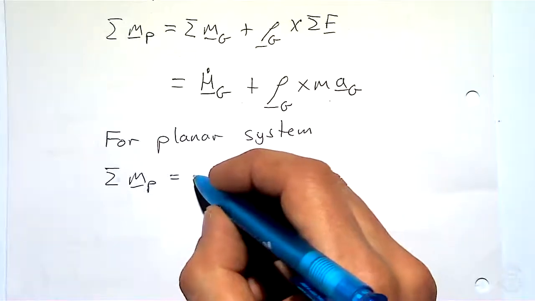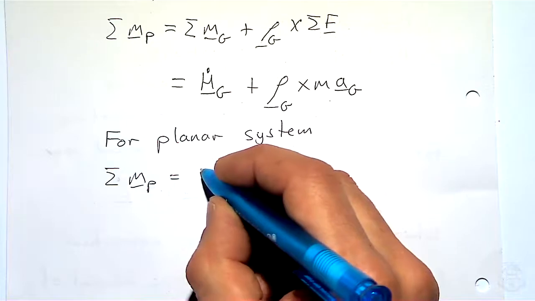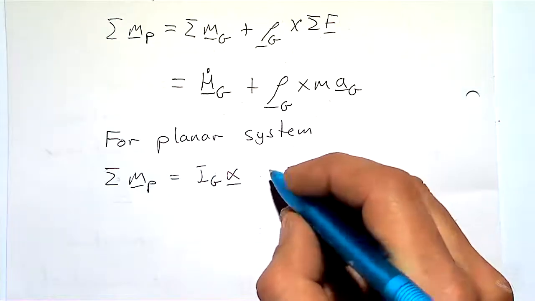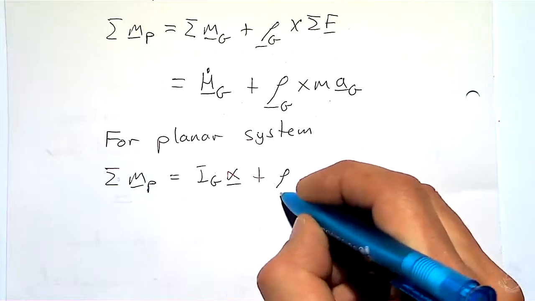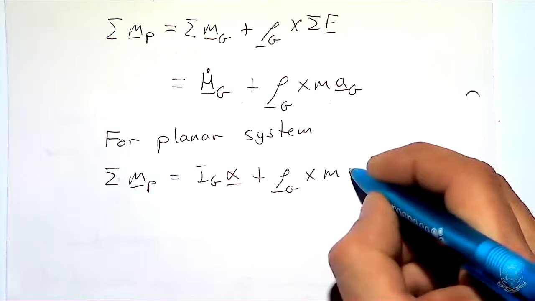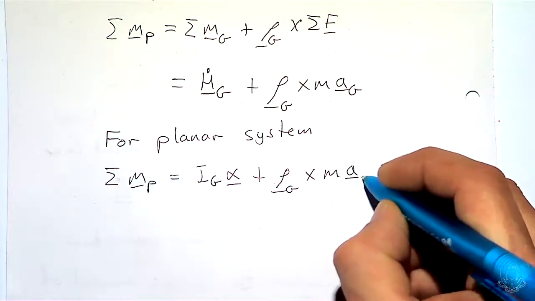So the sum of the moments Mp is equal to the moment of inertia about G times angular acceleration plus rho g times m ag.